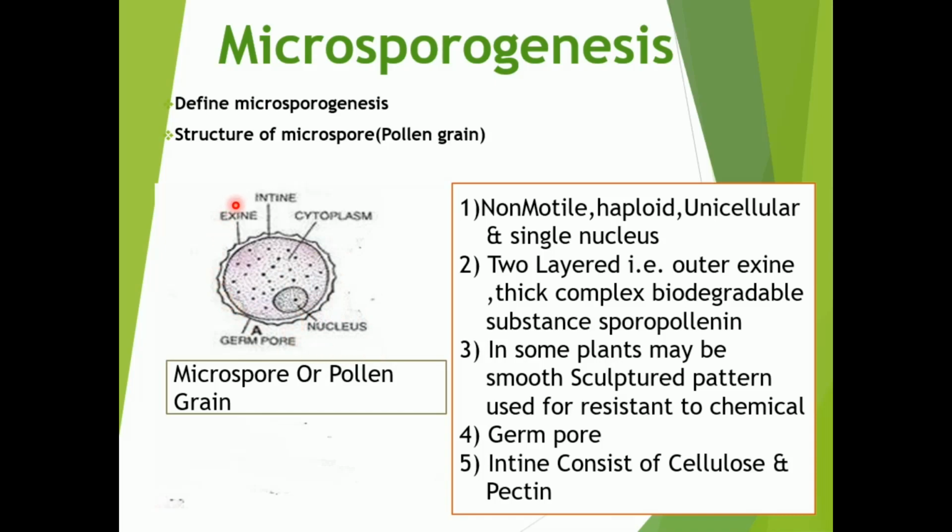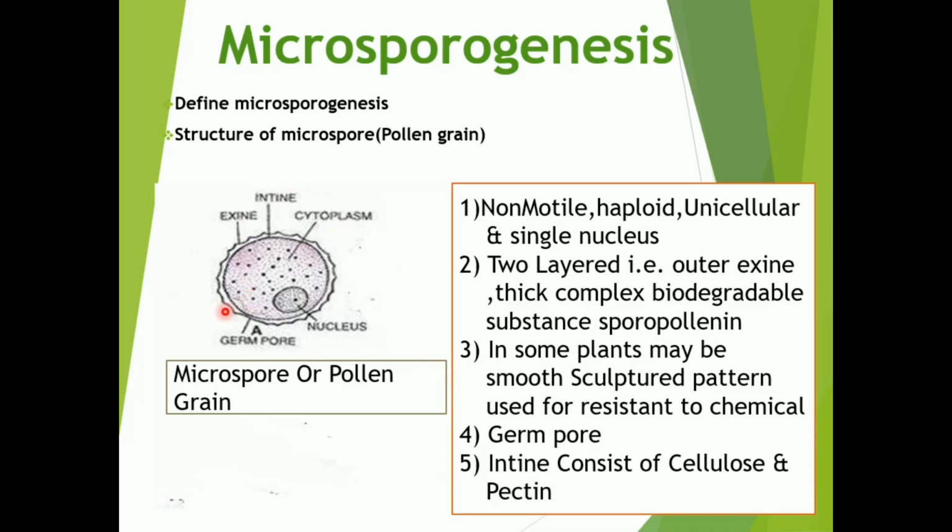If you observe, the outermost layer is exine and the innermost is intine. There are some gaps, and those gaps are called germ pores. Now if you see the detailed structure of the microspore or pollen grain, it is non-motile, haploid, unicellular, with a single nucleus.